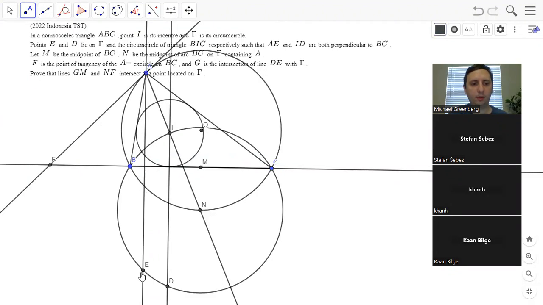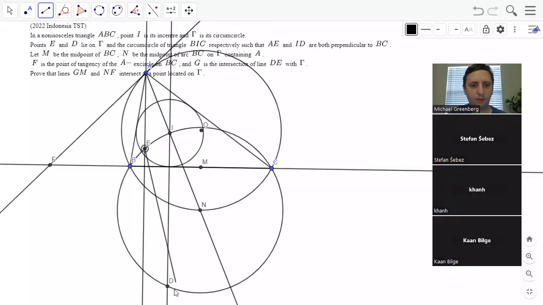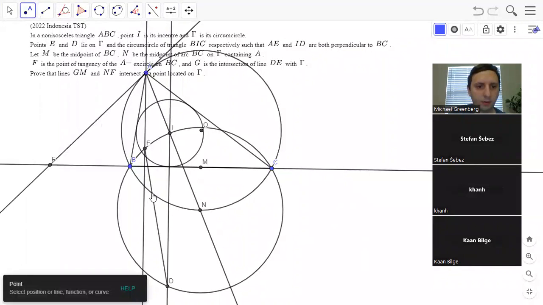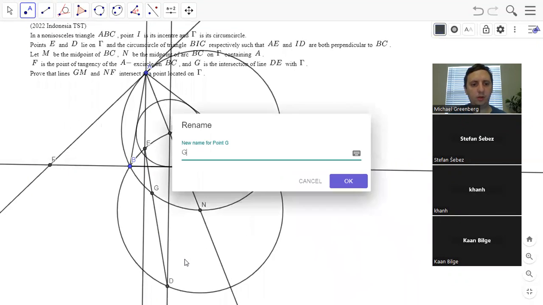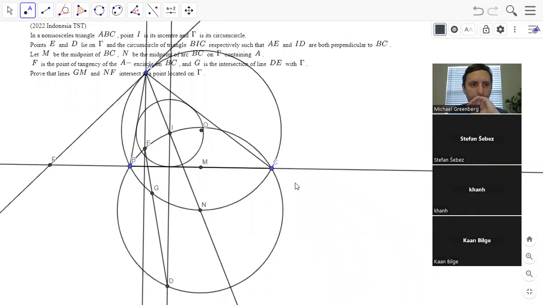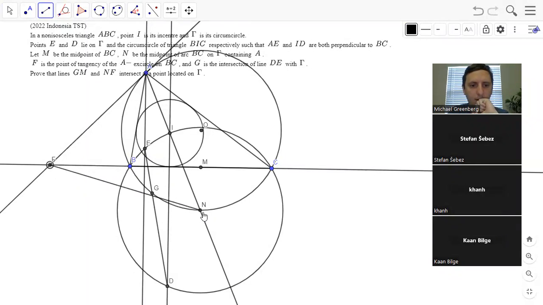So maybe this is the real point E, I guess. So that it intersects the circle at G, and then we want to show GM and NF intersect on the circle. Wait. Prove that GM, that doesn't sound right. GM and NF.